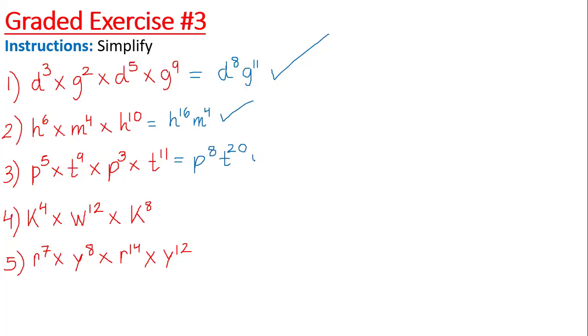Next, for number 4, we have K to the power of 12 multiplied by W to the power of 12. Okay. What do we have for number 5?